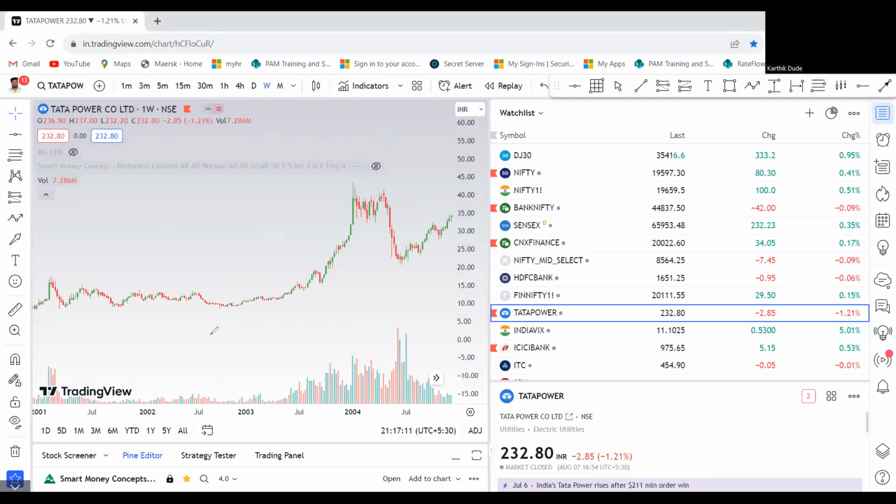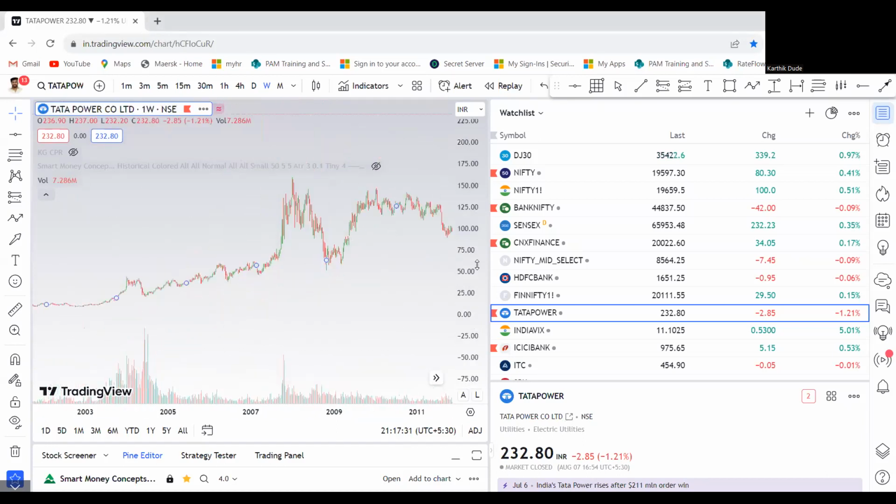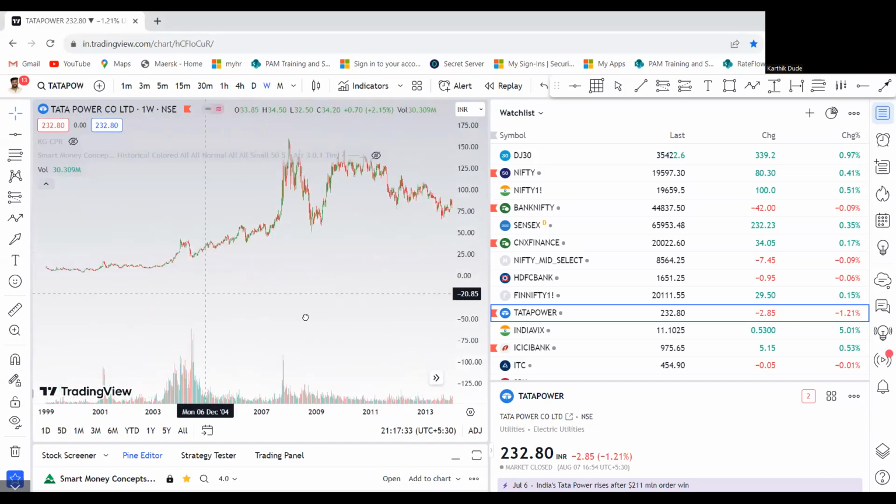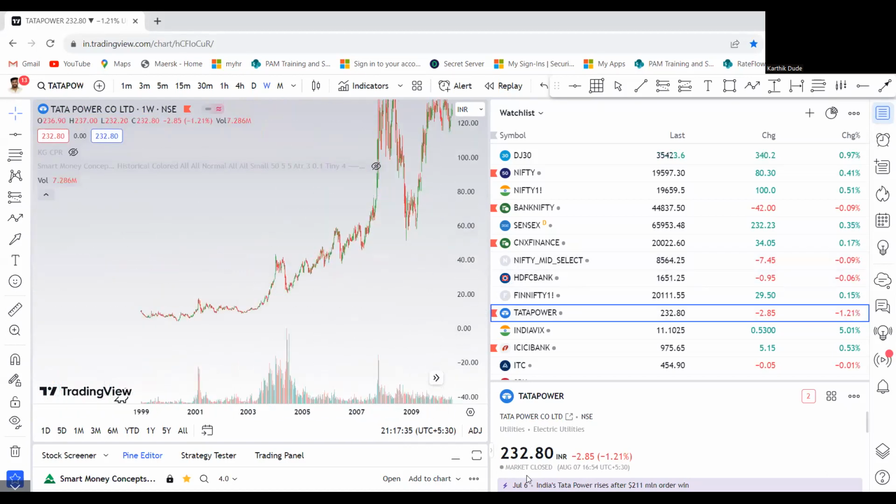After forming the consolidation range, it moves up, then again it moves in a consolidation range. Then it came here, it rose, then again it came, it rose, and it keeps moving up. At a high level, you can say price is moving, then falls, then again moves up, then falls, again goes up.